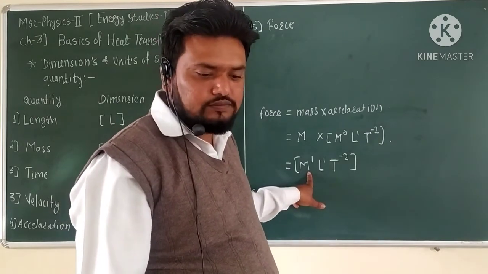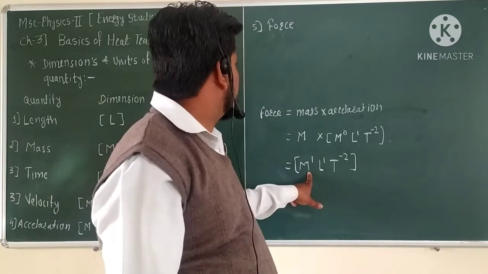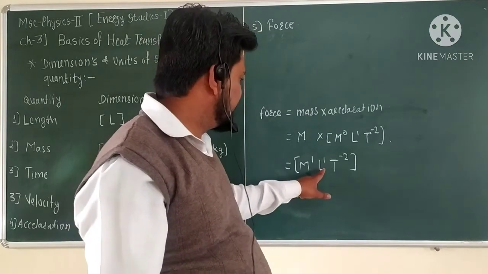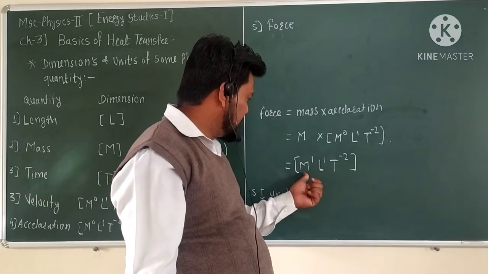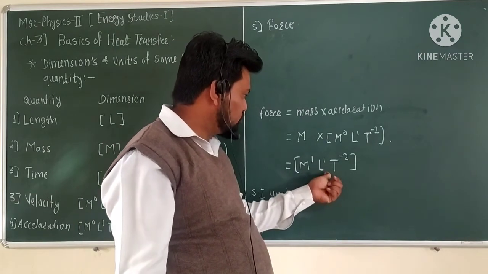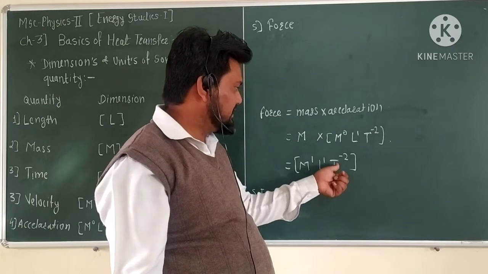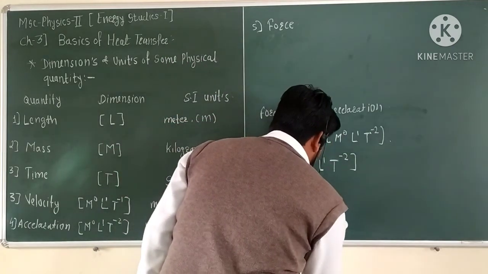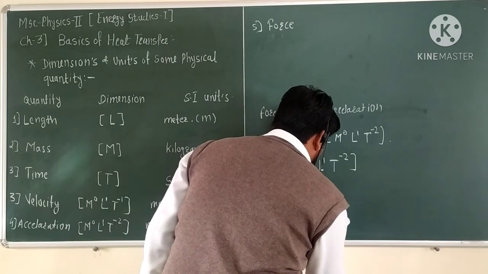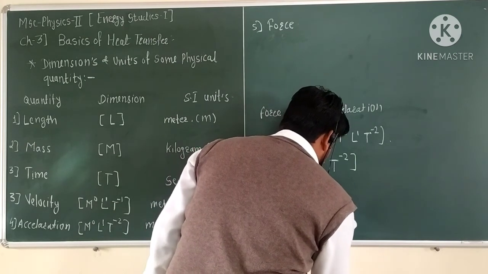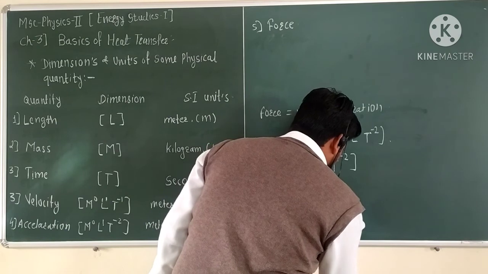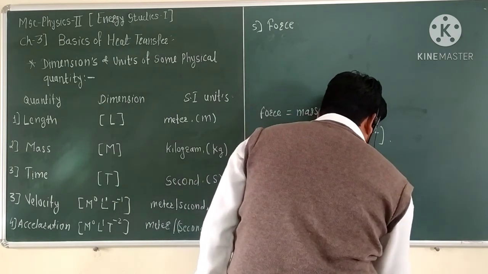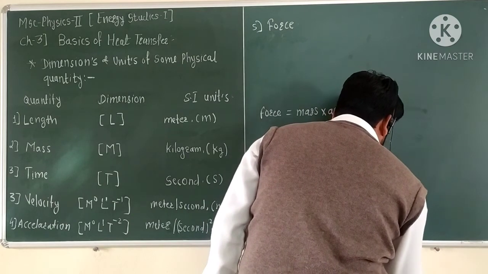Here mass is in kg, L in terms of meter and T in terms of second square, so the unit is kilogram into meter per second square.